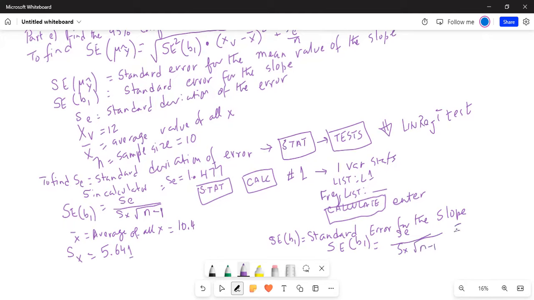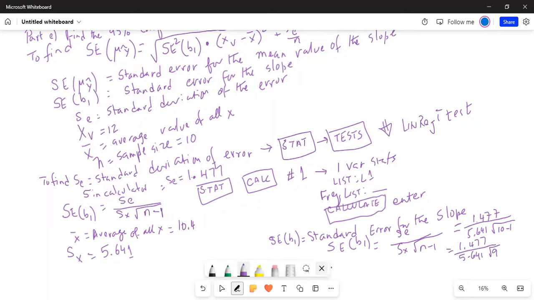So our SE is 1.477, our Sx is 5.641, and our sample size is 10 minus 1. So this becomes 1.477 divided by 5.641 times the square root of 9.